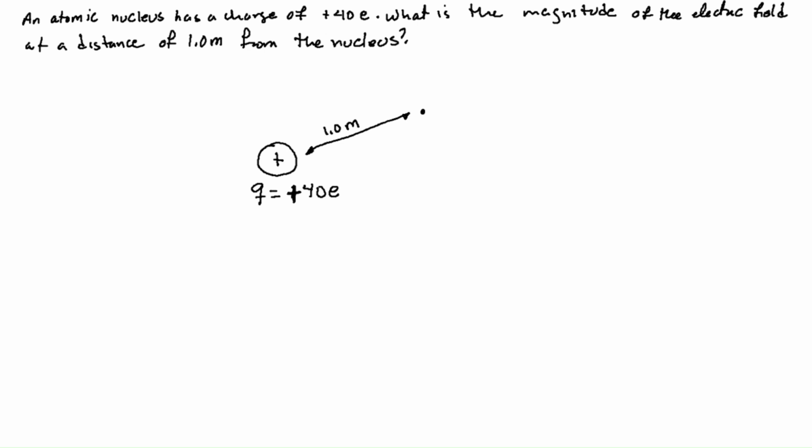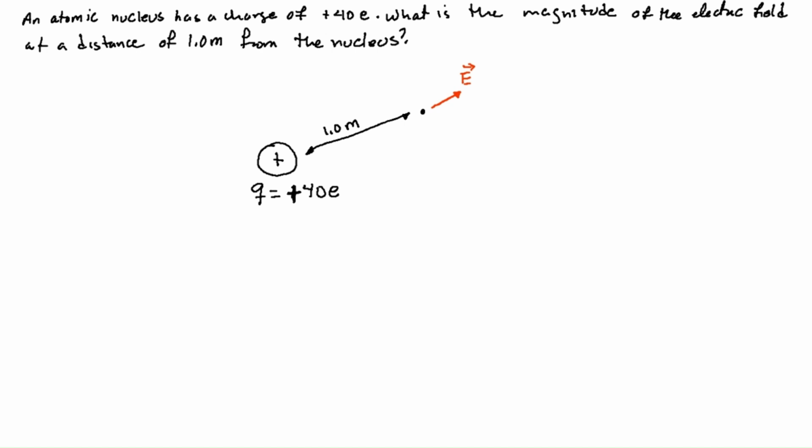Now, if we analyze what is the direction of the electric field at that point, since the nucleus is positive, the electric field will be leaving the positive charge. So the electric field vector is radial with respect to the point charge that is the nucleus, right? And it's just leaving the positive charge, pointing in this direction that I am representing here in red.